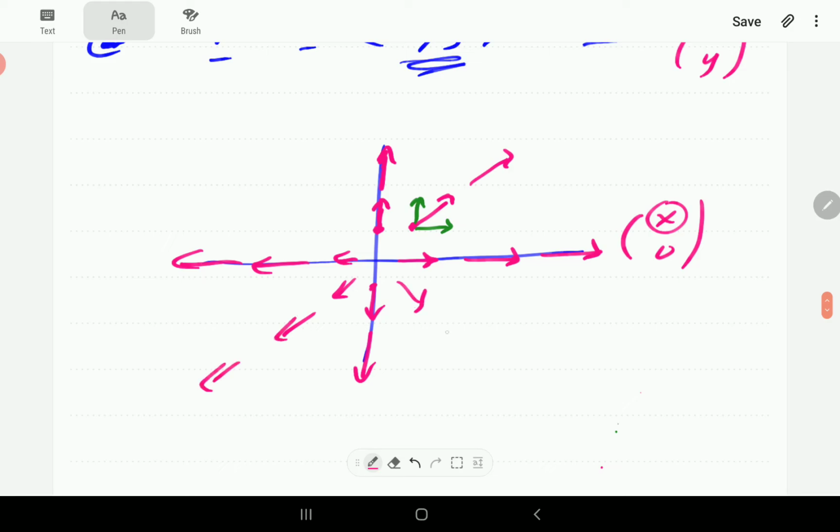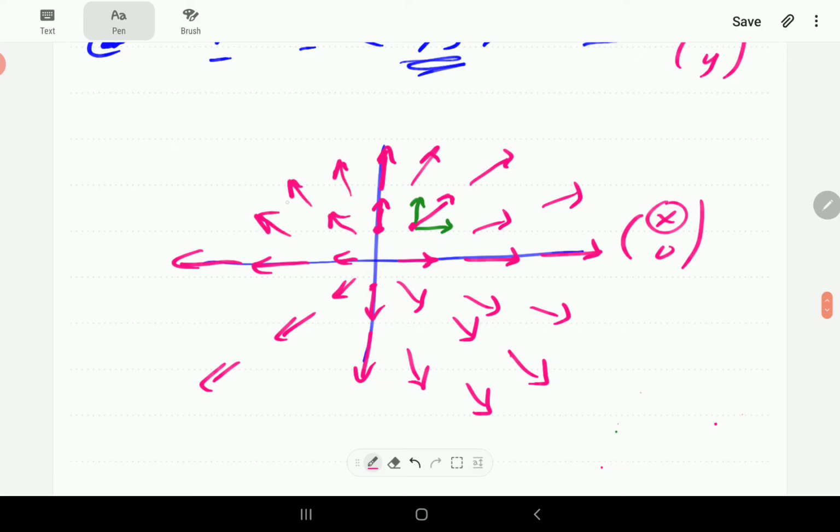So in fact, this is what you are going to get for this position vector field. This is just going to be depicting a vector field of a source at the origin.